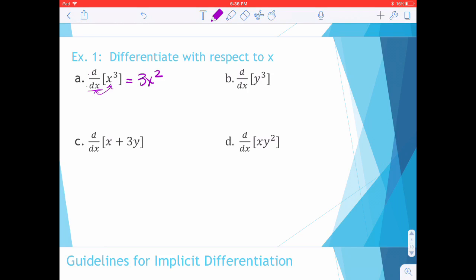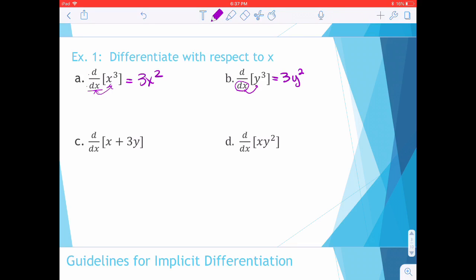But over in part B, we have this. It says we're differentiating in terms of x, but our function is in terms of y. So we have to apply the chain rule. The first thing you do is take the derivative of y cubed like it was x cubed. All you do is differentiate that, so you get 3y squared, but you have to apply the chain rule.